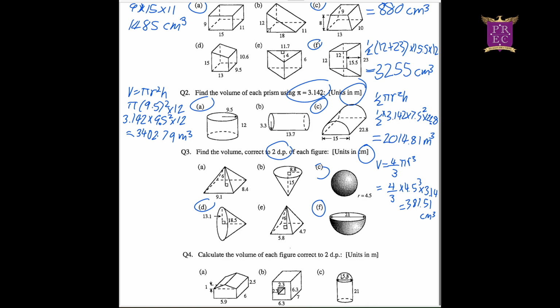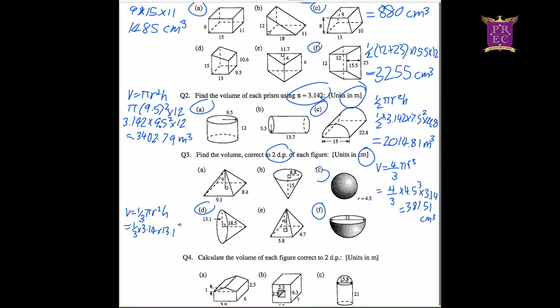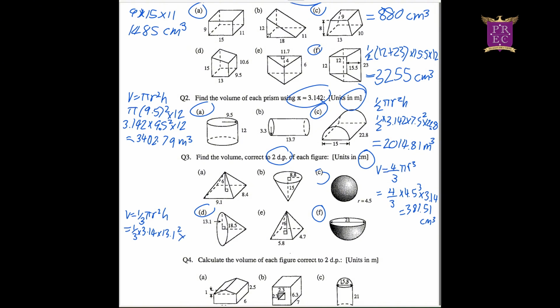What's the formula for a cone? It's 1/3 times pi r squared times h. Now, we know 1/3 times 3.14 times r squared. What's r squared? 13.1 to the power of 2 times 18.5.